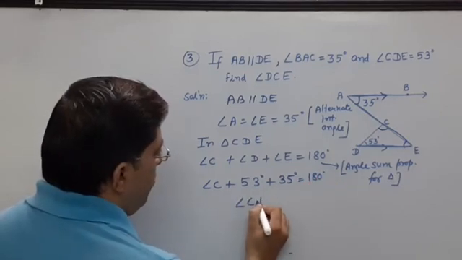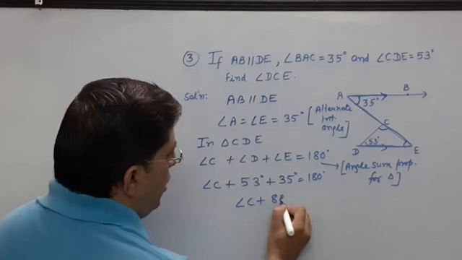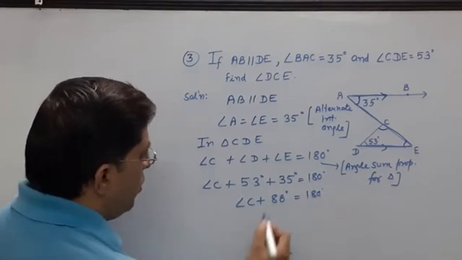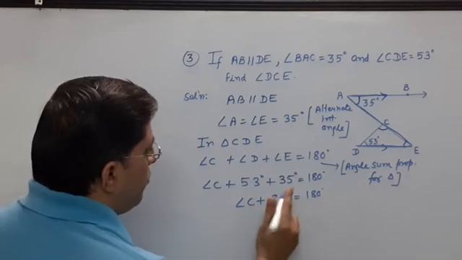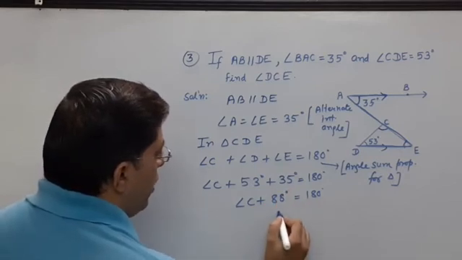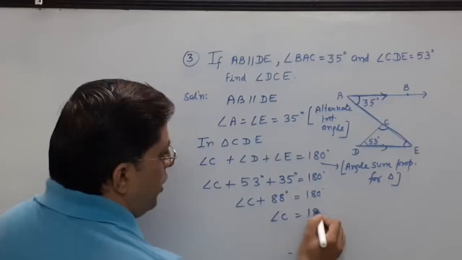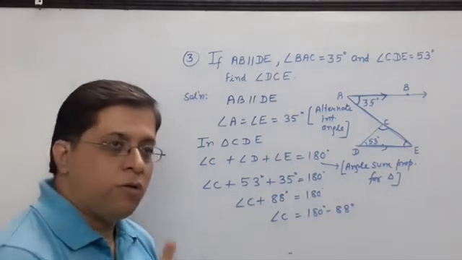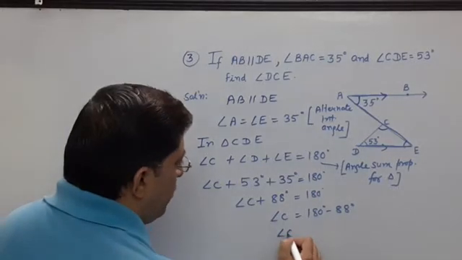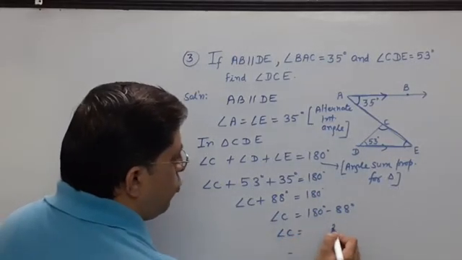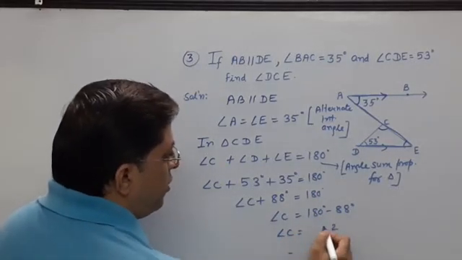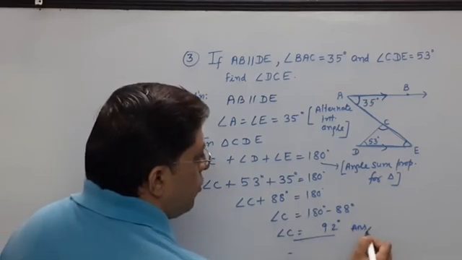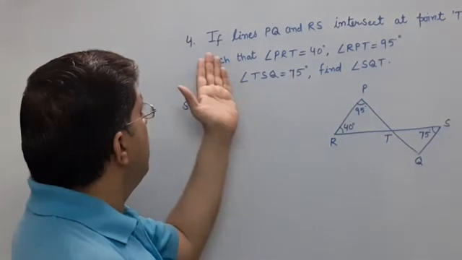So angle C plus 88 degrees is equal to 180 degrees. Then angle C is 180 degrees minus 88 degrees, so angle C will be 92 degrees. This is your answer. Next question.